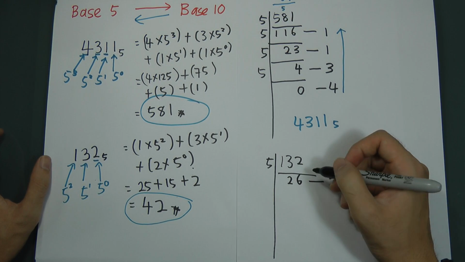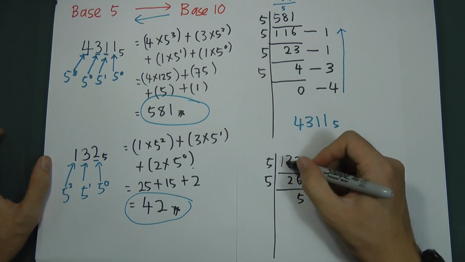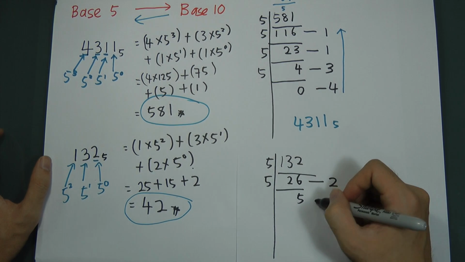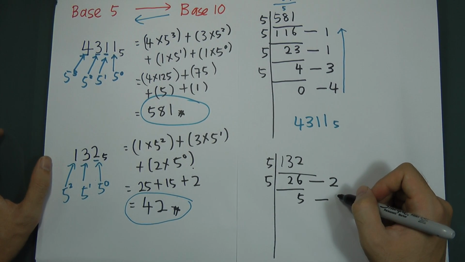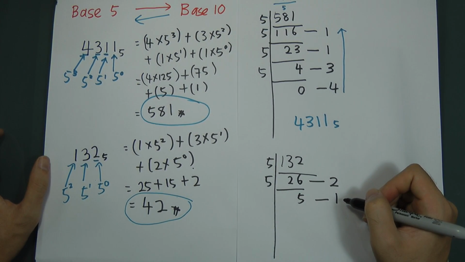Then you got 26 over here. 26 divide by 5, it will be 5, 5, 25. You still have 1 left.